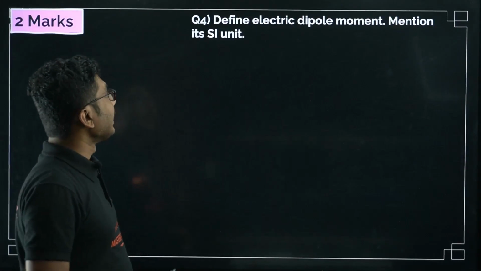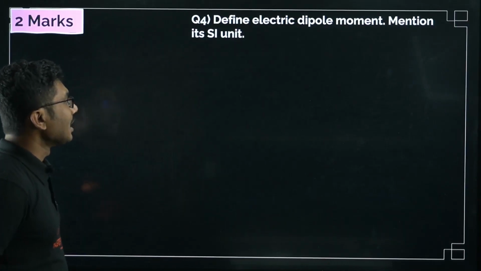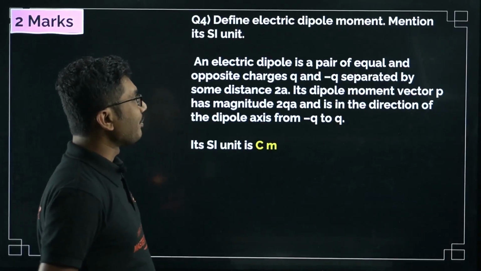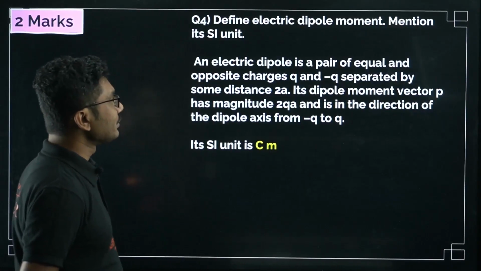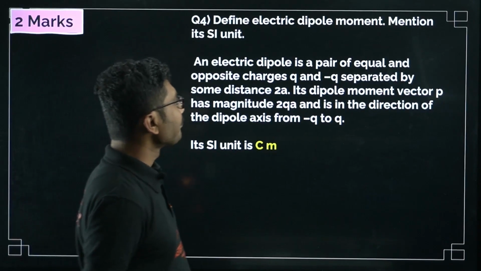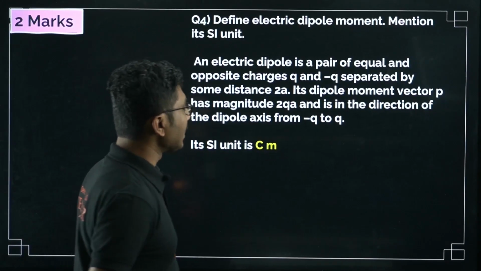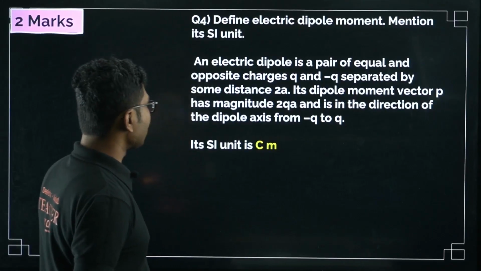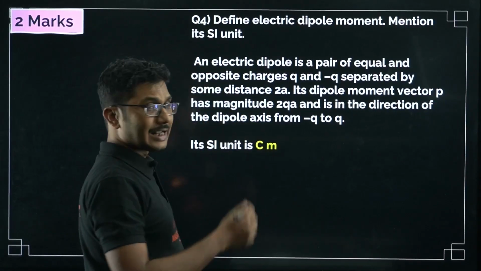Next is: define the electric dipole moment, mention its SI unit. An electric dipole is a pair of equal and opposite charges q and minus q separated by some distance 2a. Its dipole moment vector p has magnitude 2qa and is in the direction of the dipole axis from minus q to plus q. Its SI unit is coulomb meter.